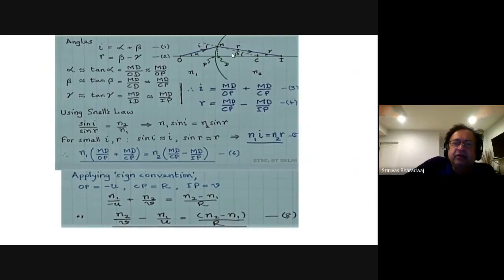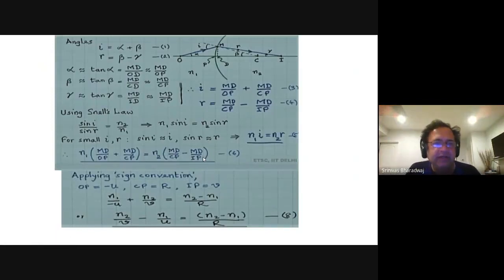Okay, and it is using this and applying sin I equals I, sin R equals R, that you then end up with, applying sign convention, this formula: N1 times (MD by OP plus MD by CP) plus N2 times (MD by CP minus MD by OP).